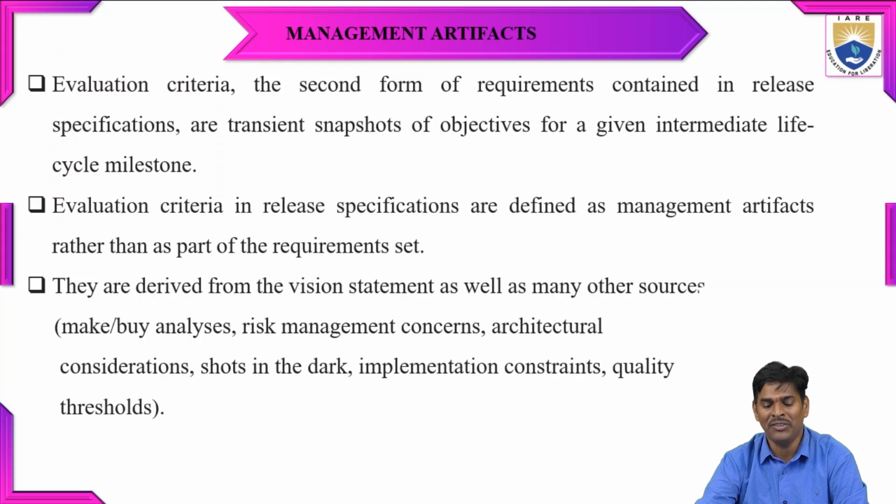And here we can have the vision statements very clearly, and they need to check various sources such as the make/buy analysis, risk management concerns, architectural constraints, the design part, and also the implementation constraints and quality thresholds.